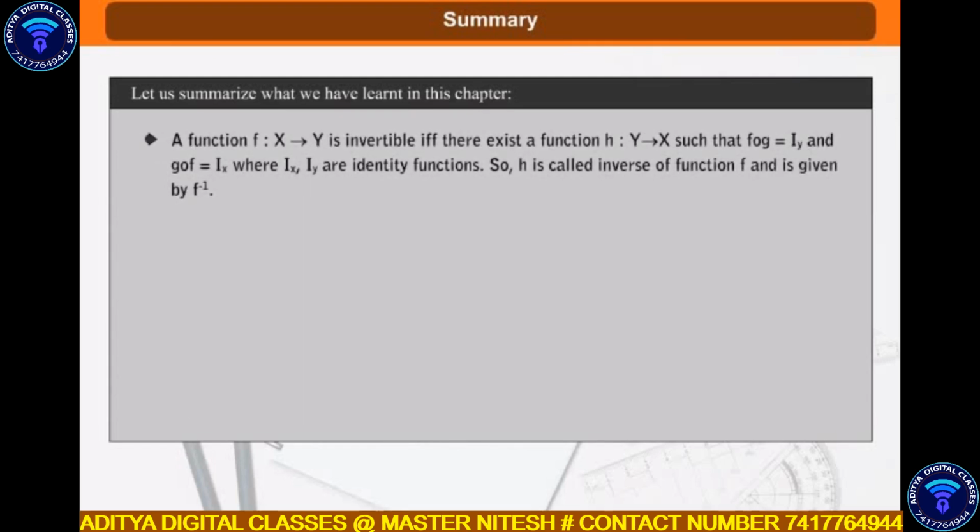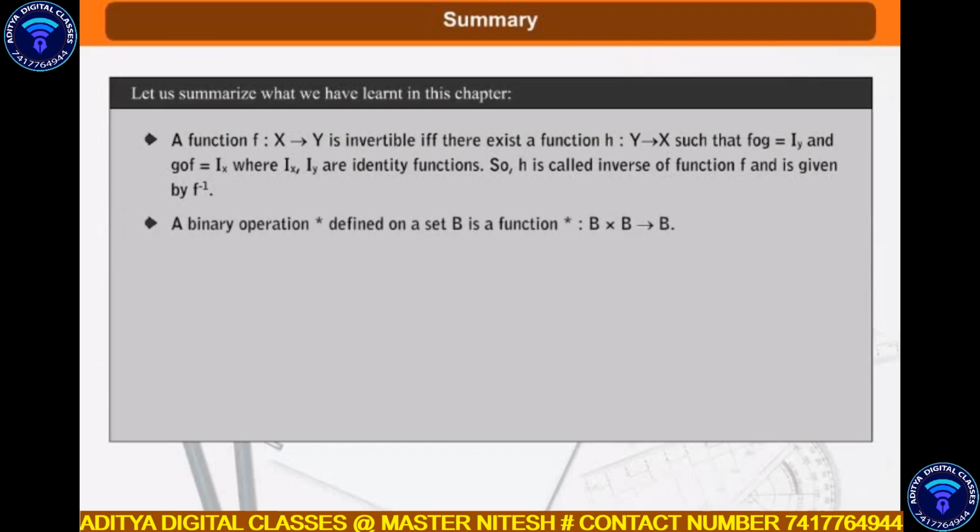A function f: X → Y is invertible if and only if there exists a function g: Y → X such that f∘g is equal to I_Y and g∘f is equal to I_X, where I_X, I_Y are identity functions. So g is called the inverse of the function and is given by f inverse.